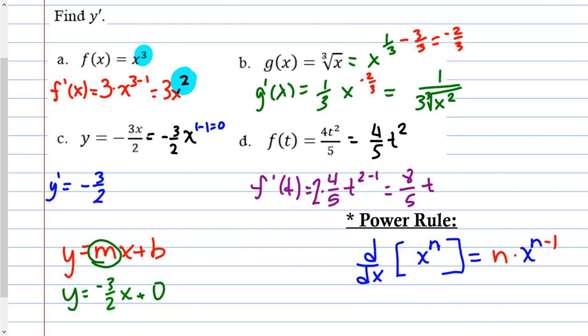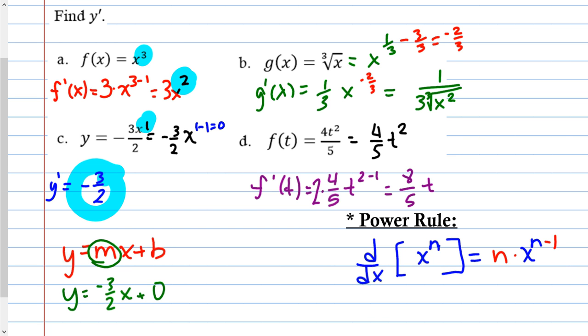For c, the degree was 1, right, because there was nothing here. And when there's nothing, it's basically a 1. So my, oh, I'm trying to write 1 and it won't let me. Oh, I see why. There we go. And then my derivative has no x at all.